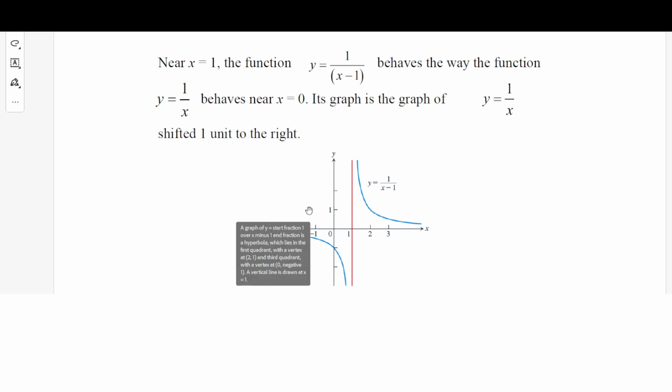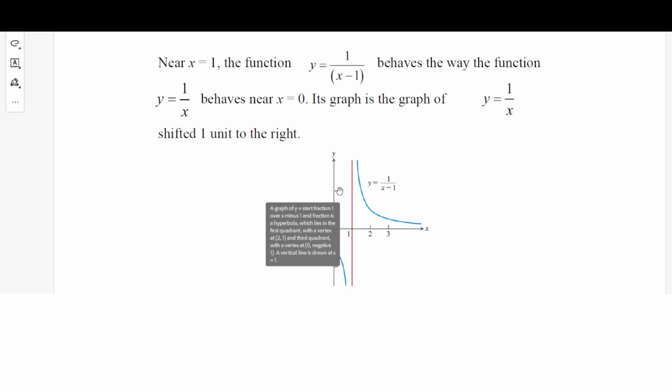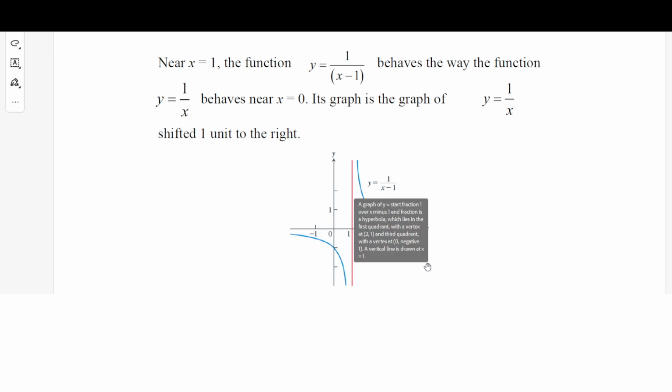In this case, when x approaches, let's say, 1, what happens to the graph? The graph goes to positive infinity from the right side and negative infinity from the left side. In this case, when x approaches a finite number, the graph is approaching infinity. So this time, the limit itself is infinity.